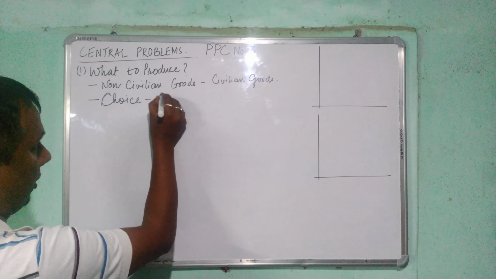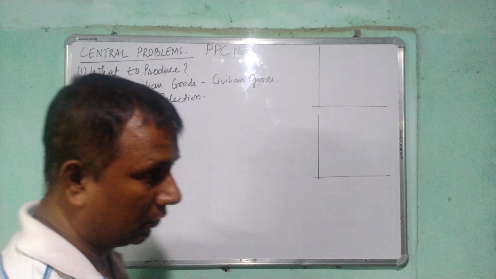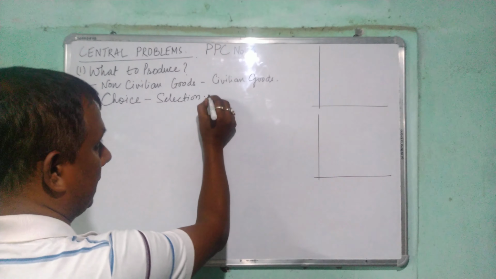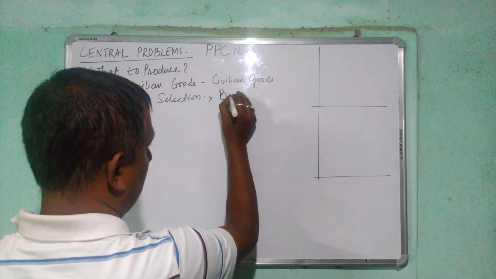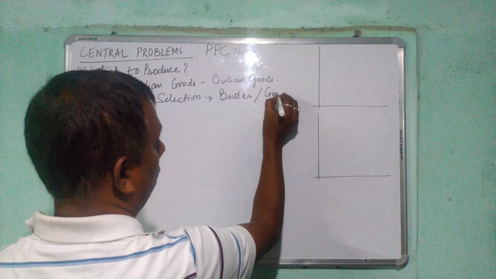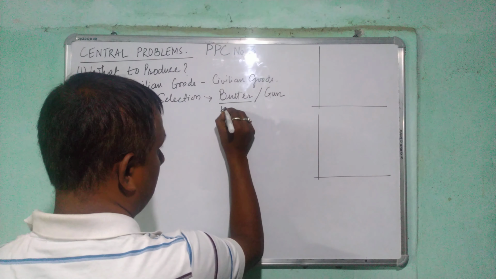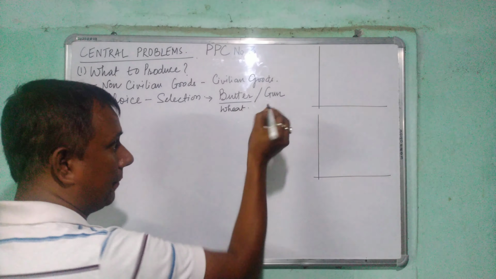Okay, selection, problem of selection. What to produce, क्या produce करें. Whether to produce butter or guns, which one? Or you can say butter or wheat, what to produce.